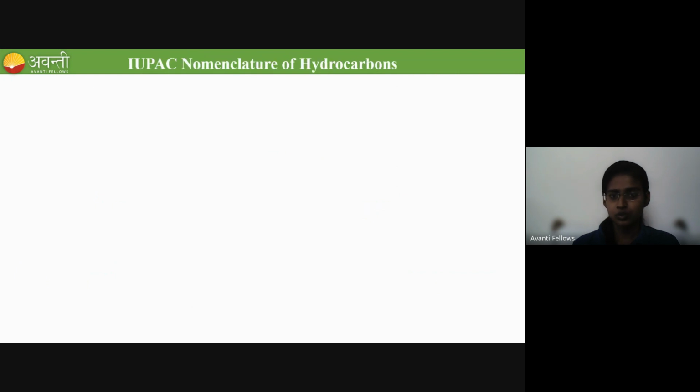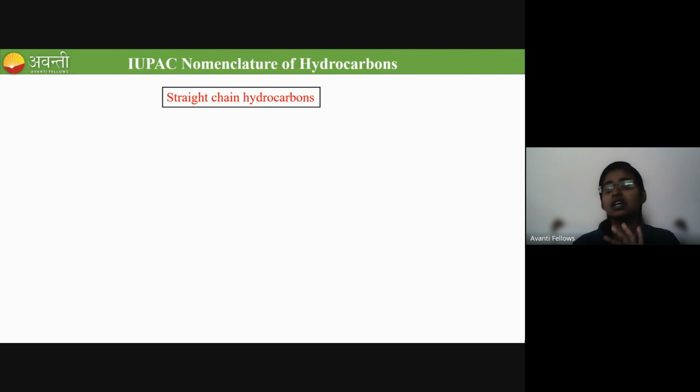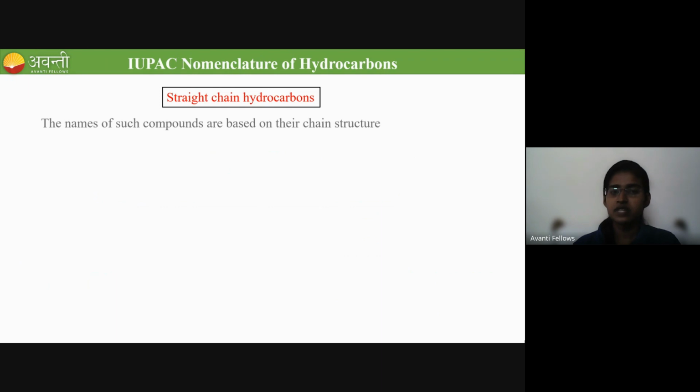Then coming to the IUPAC nomenclature of hydrocarbons, for straight chain hydrocarbons. Straight chain means there won't be any branches, only a single chain. The names of such compounds are based on their chain structure. Suppose I have an alkane; alkanes are compounds which have only carbon-carbon single bonds. The name ends with the suffix ane for them.